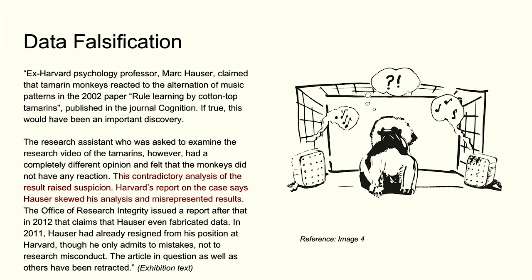What we want to do is take a look at these very complex examples where how we interpret what a monkey is doing, how we interpret a video, how we shape the data from that video, these are all factors in whether an argument is convincing, whether a situation is going to be such that the people who read the article will say, yes, of course, that's what really happened.